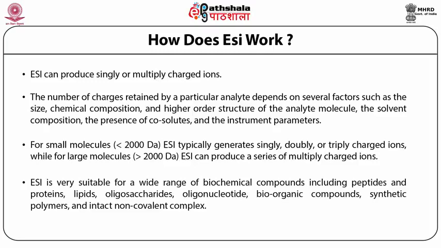Electrospray is very suitable for a wide range of biochemical compounds, including peptides and proteins, lipids, oligosaccharides, oligonucleotides, bioorganic compounds, synthetic polymers, and intact non-covalent complexes. The invention of electrospray ionization has made it possible to apply mass spectrometry to a lot of biochemical and biomedical analysis of various types of samples and biomolecules.